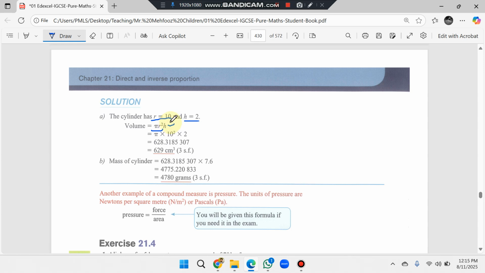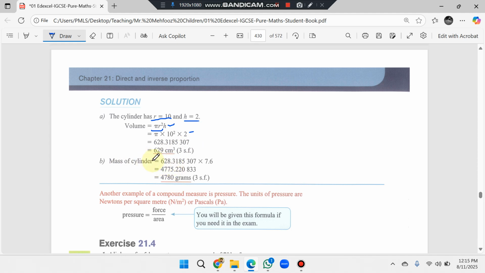It is an irrational number. r squared means 10 squared, that is equal to 100, and multiplied by 2, when we simplify it by multiplying these three terms, your answer will be 628.3185307. So if you are interested in three significant figures, your answer will be 629.